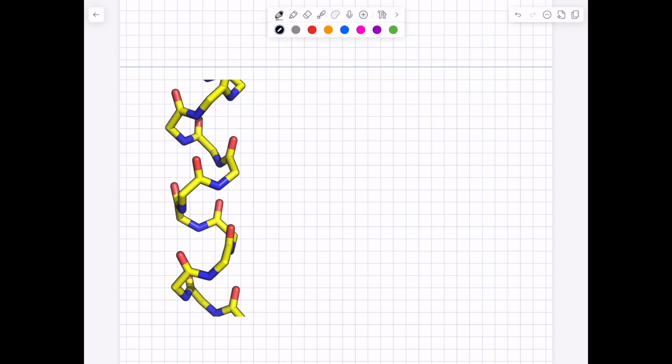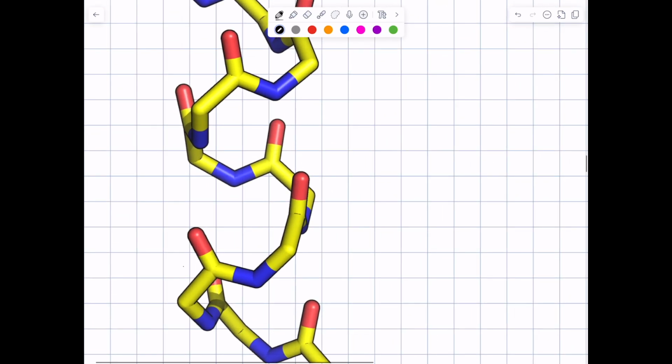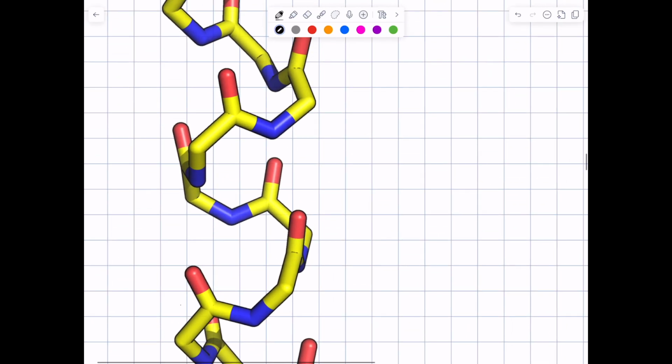Okay, so the key thing about an alpha helix is you have a hydrogen bond from a carbonyl, a CO, to an NH that is 4 amino acids away, and that there are roughly 3.6 amino acids per turn.